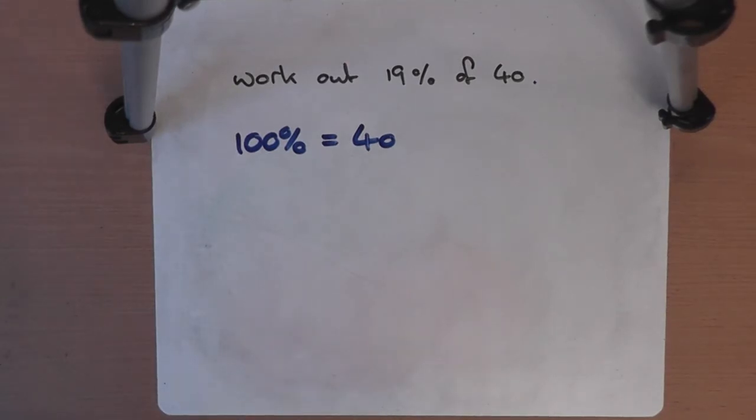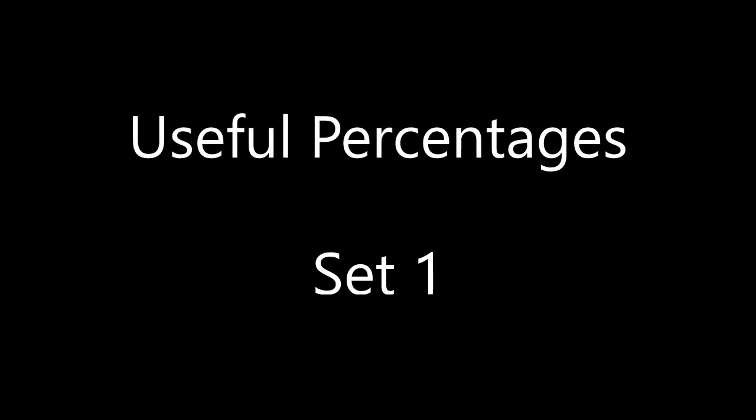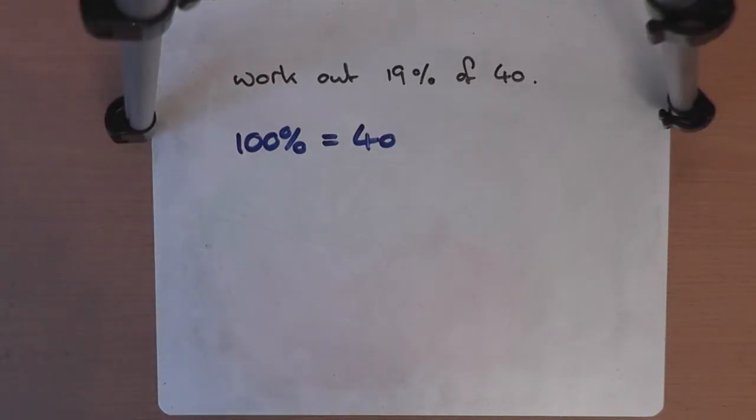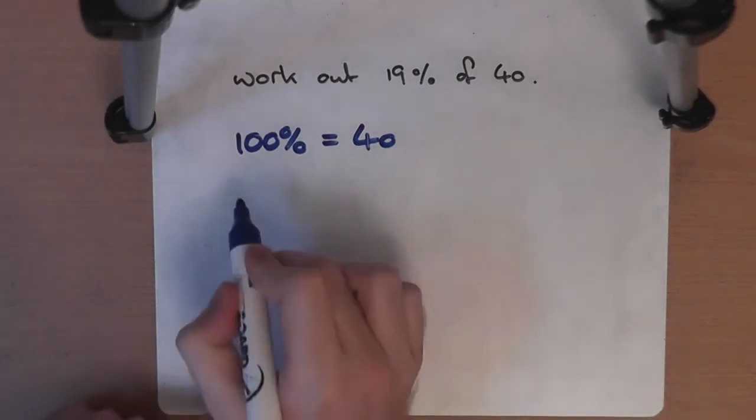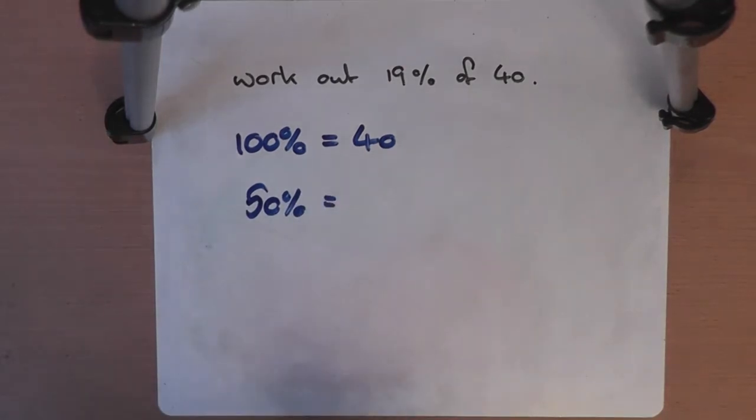Now, we could use that 100% to find some other useful percentages. 19% isn't going to be that easy to find on its own, but we could find some other useful ones, and they might help us get there. It might be that all of these are helpful, it might be that just some of them are helpful. We could, easily enough though, if we know that 100% is 40, easily enough find 50% of something. How can we use 100% to find 50%?